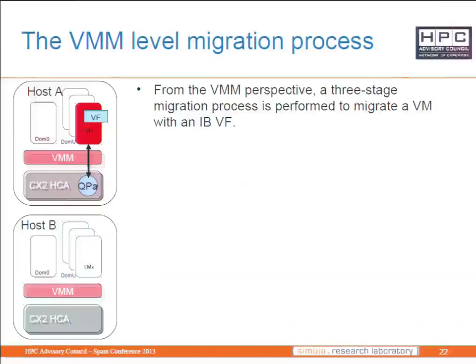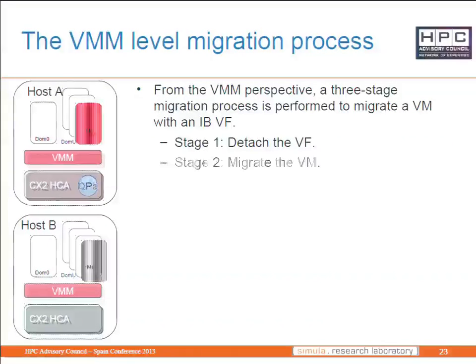Now, so far, all of this is from the perspective of the virtual machine itself, because obviously we need the virtual machine to cooperate in the current prototype. But from the hypervisor perspective, a typical three-stage migration process is performed to migrate the virtual machine.